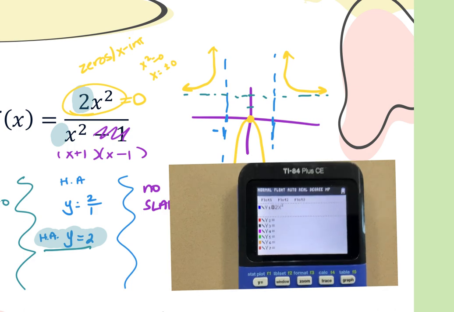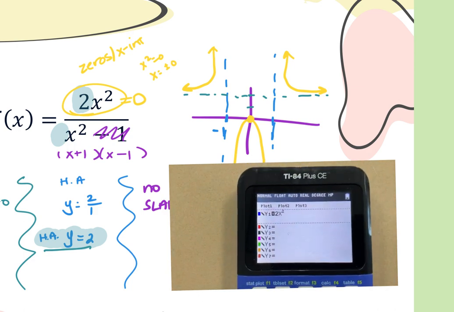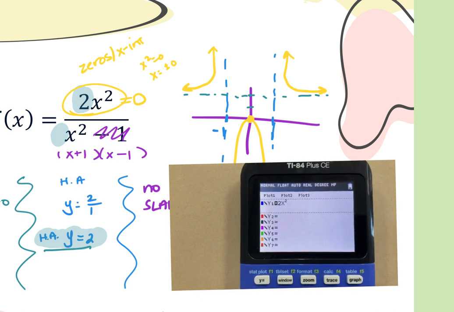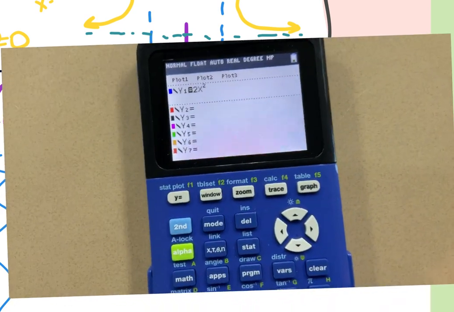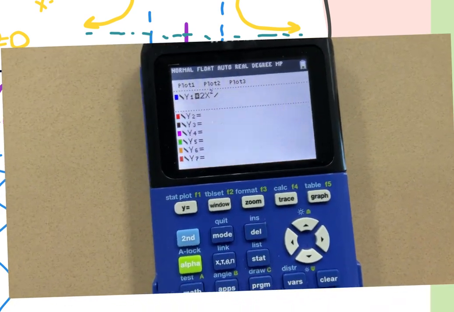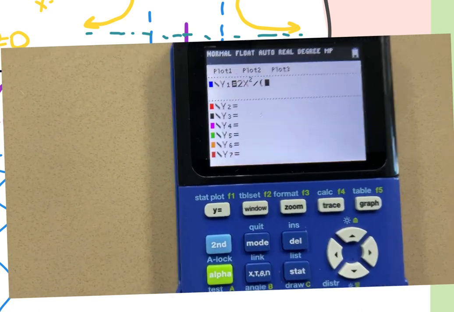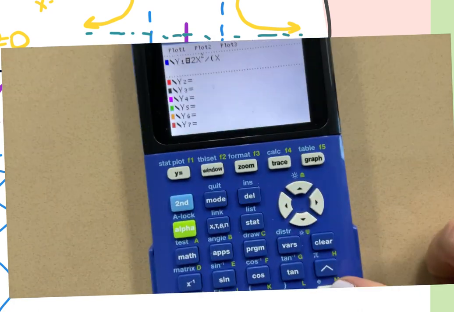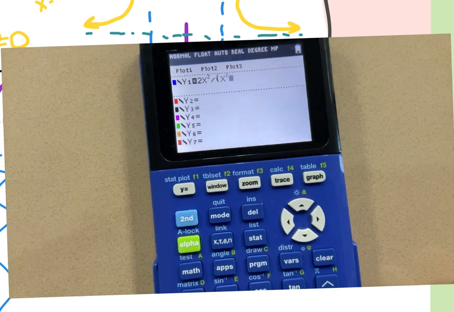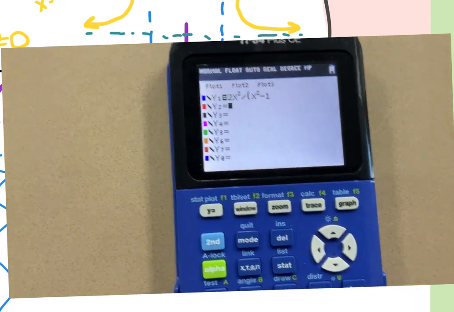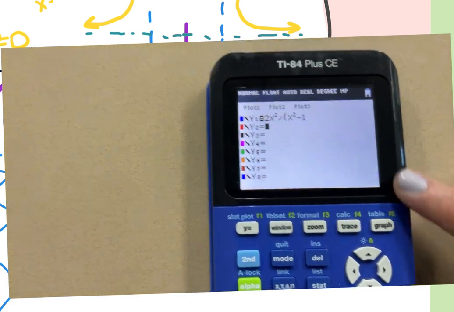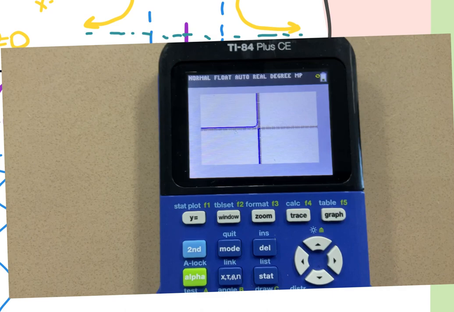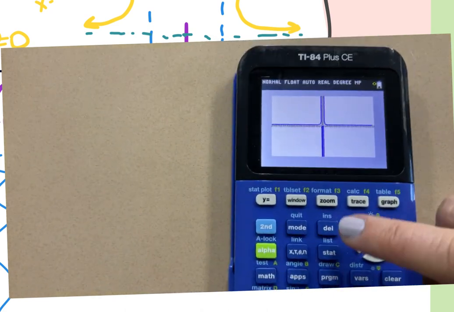But if it said 2x squared plus 1, I would have to put that in parentheses. And then divided by, or you can use the fraction, which is under the math tool. Open your parentheses, x squared minus 1. You don't have to close your parentheses at the end, but you can. It doesn't matter. And then I'm going to hit graph. Oh, I'm zoomed out. Hang on, let me zoom it in.